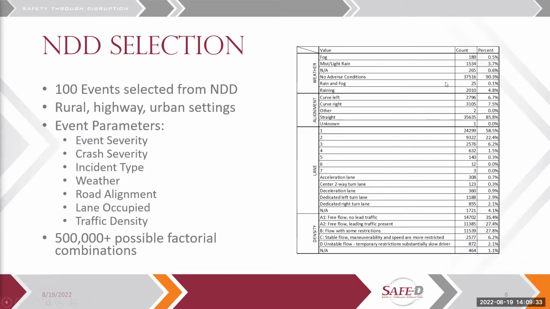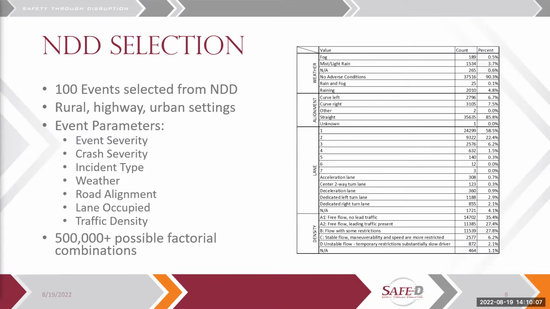For example, weather, a lot of them stack up in just one bin, being no adverse weather conditions. So the distribution of this data is not entirely uniform, as you might expect. And if we want to capture the full space, all the interactions between these different variables, it would expand into over 500,000 possible combinations in the factorial expansion. So it's just entirely unattainable.